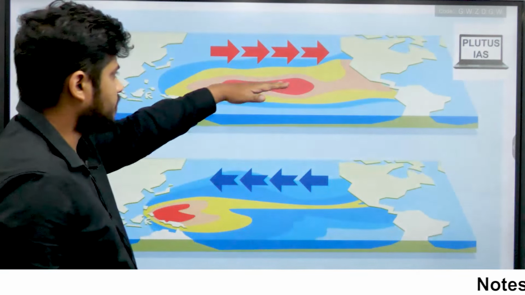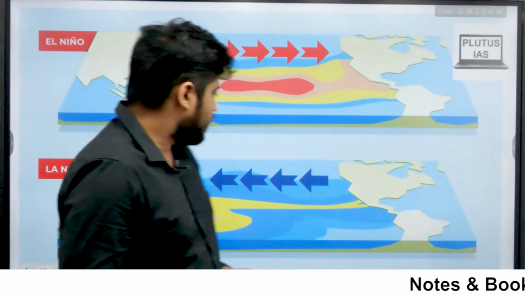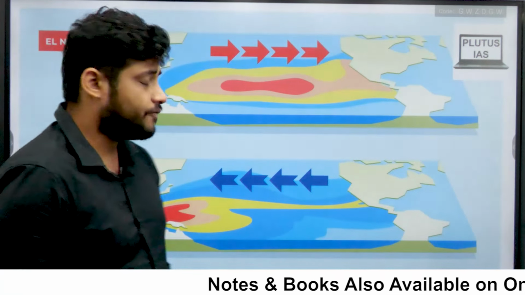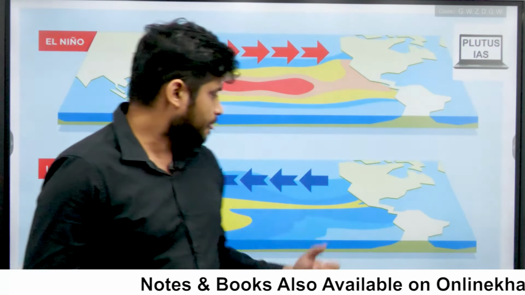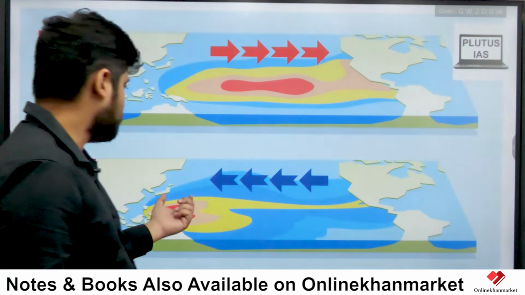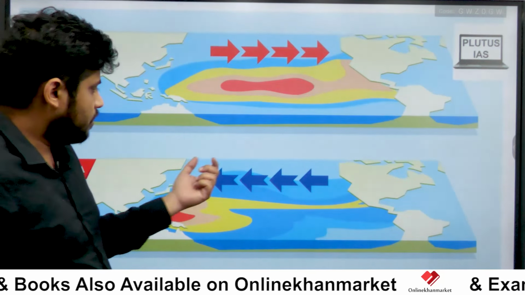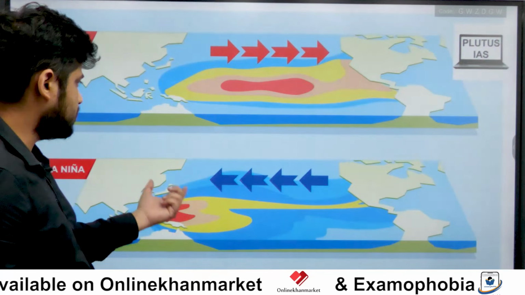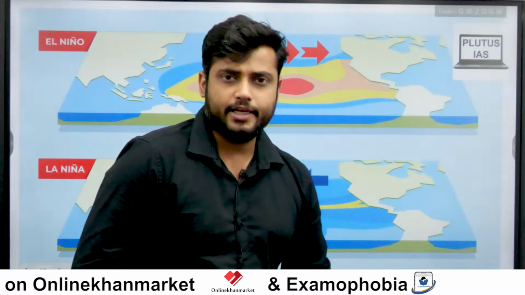We are collecting a lot of data regarding the sea surface temperature from these parts. And during the El Nino event, the sea surface temperature is decreasing in the west, and when it is decreasing, the sea level here is slightly lower as compared to this part, that is the West Australian part.